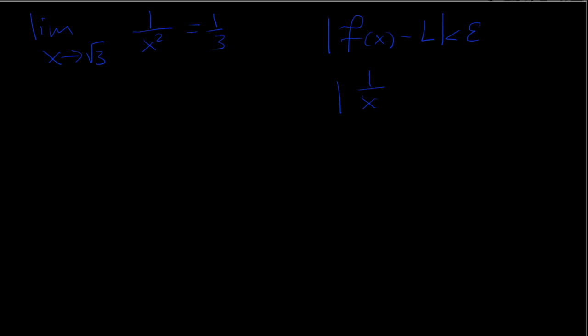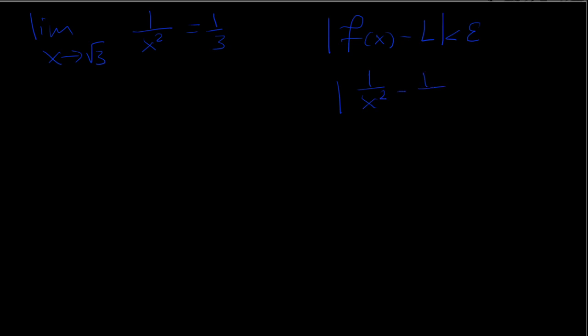Let's try another one. Okay, now we'll have 1 over x squared. So we have the limit as x approaches root 3 of 1 over x squared is equal to 1/3. We're going to start the same way, and we're going to be looking at the absolute value of f of x minus my limit less than epsilon. My function here is 1 over x squared.